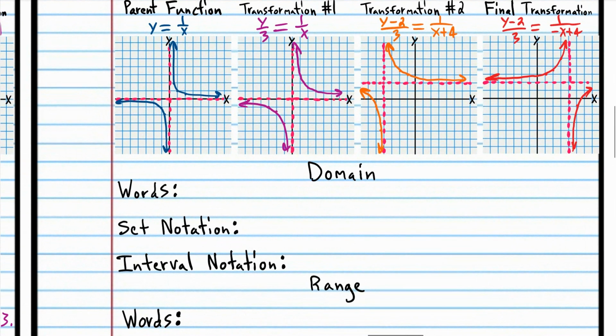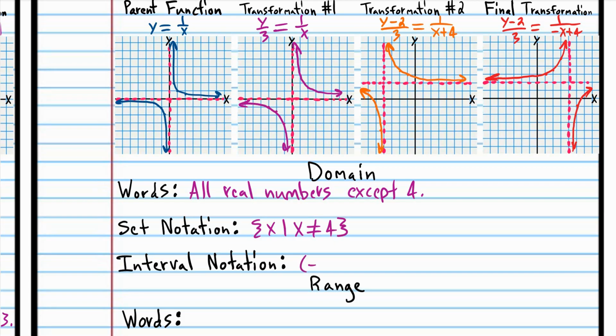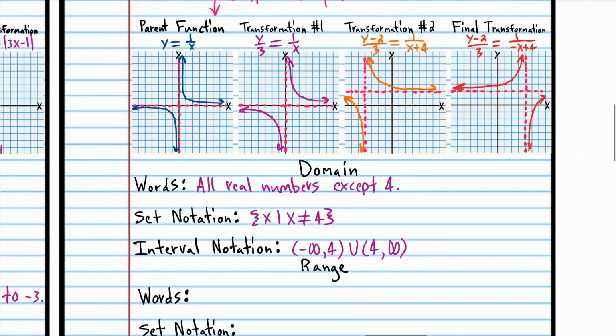So the domain is all real numbers except 4. The set of all x values such that x is not equal to 4. And in interval notation, we write -infinity, comma 4, parenthesis, union symbol, 4, comma, positive infinity.